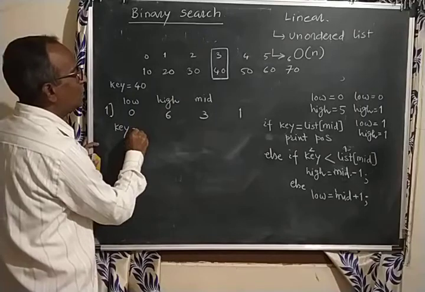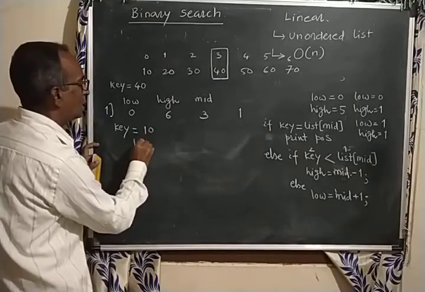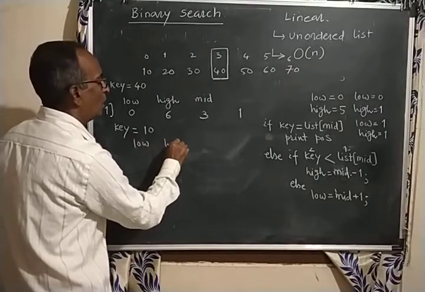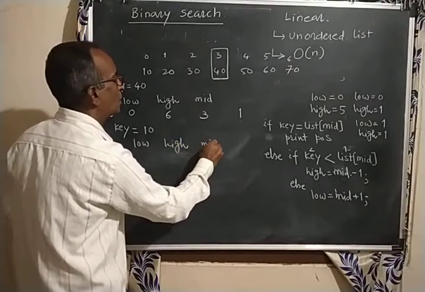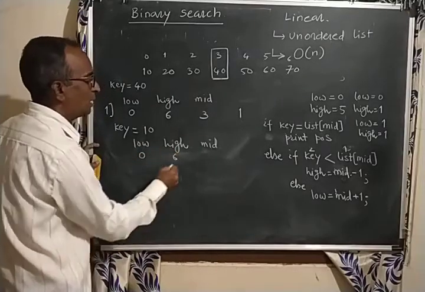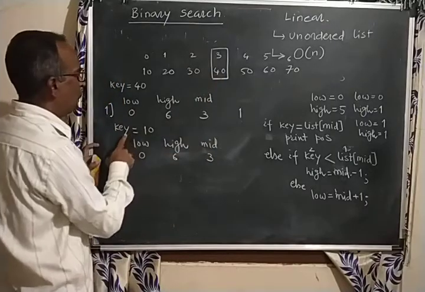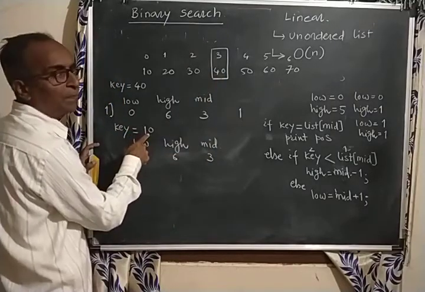Then you are searching suppose for 10. What will be this low, mid, high? We will see. Low, high and mid values. First initially low will be 0, high will be 6, mid value will be 3. Key to be searched is 10.